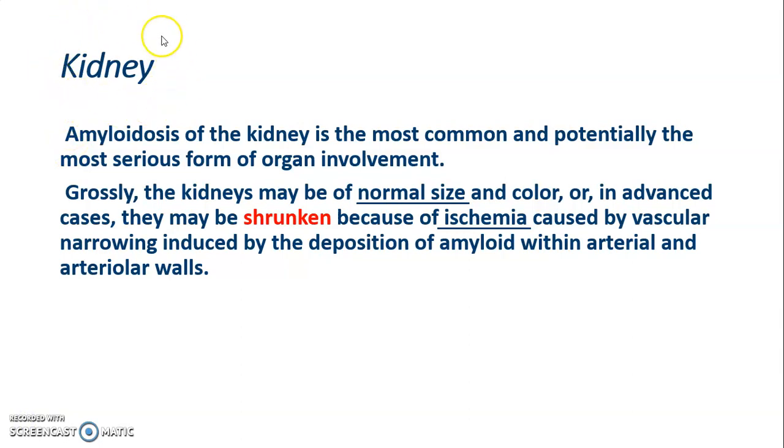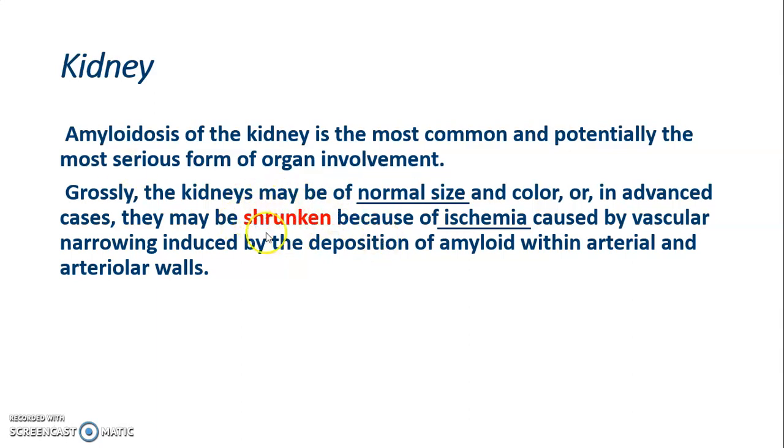When the kidney is involved by amyloidosis, the kidney is the most commonly involved organ and this is potentially the most serious form of organ involvement. Grossly, the kidney may be normal in size and color, but in advanced cases it is shrunken.